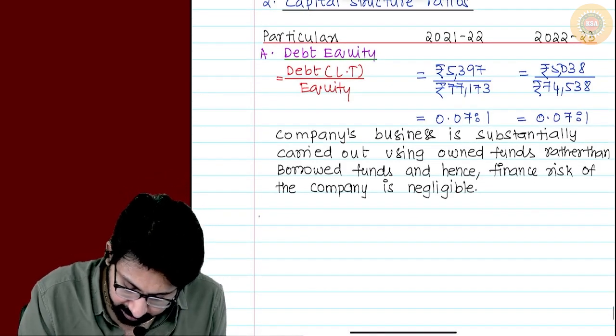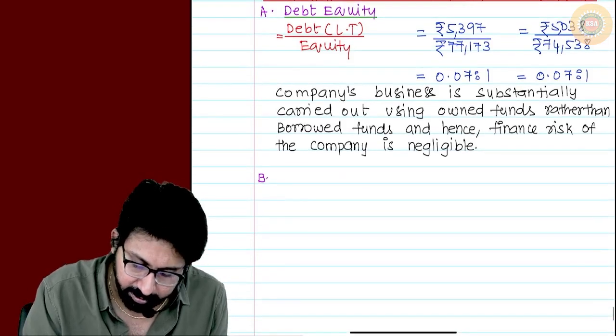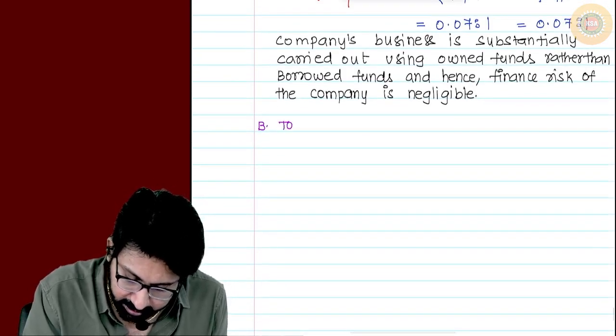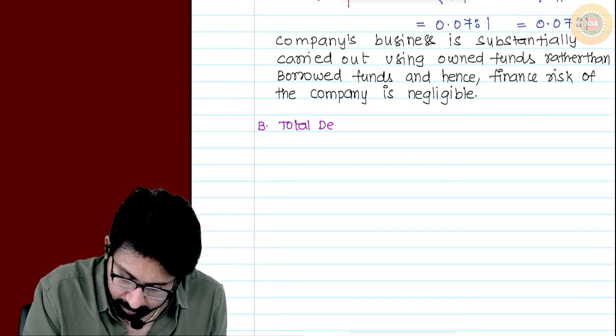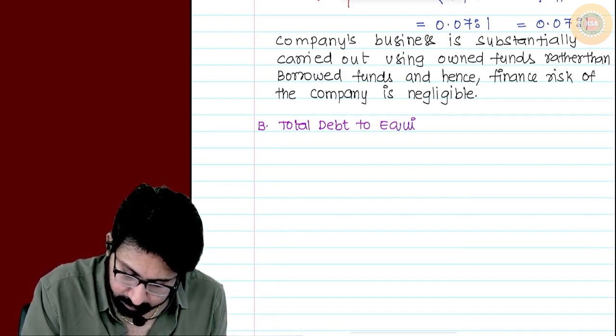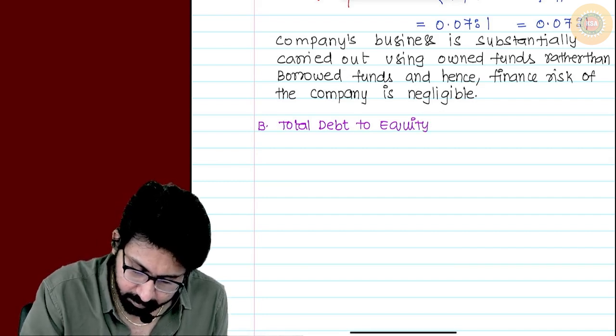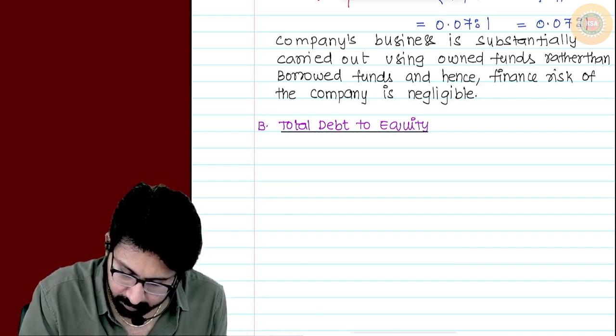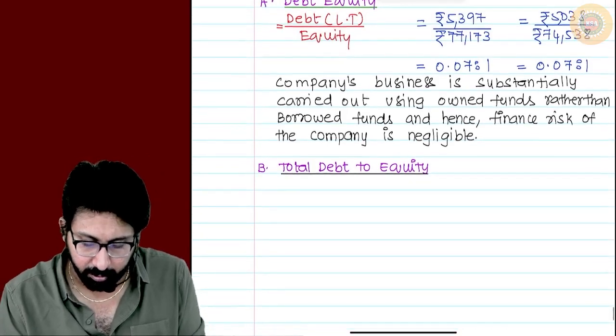Next, B. So debt equity ratio completed. What is the next ratio we are going to calculate? Total debt to equity.